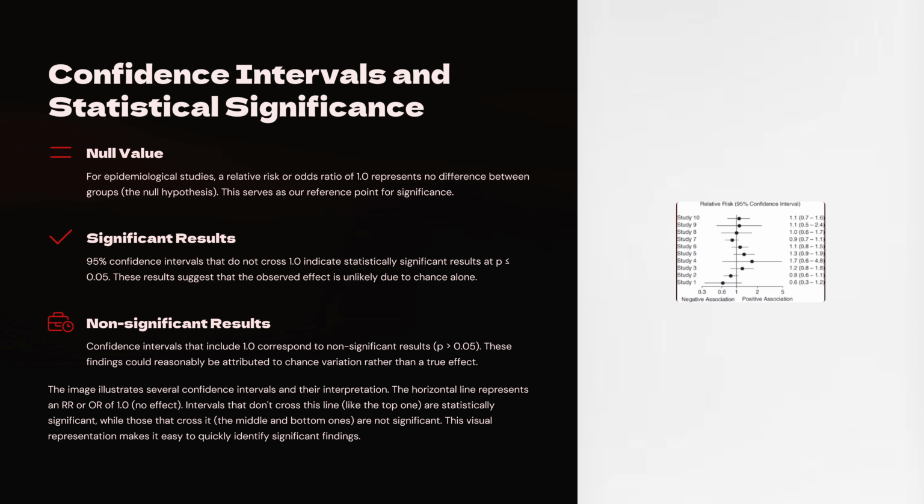When you see a confidence interval that doesn't cross 1 for relative risk or odds ratio, that means it would inherently and always have a p-value less than 0.05. That's just what happens because it doesn't cross 1, so it's statistically significant. However, if the confidence interval crosses 1, you know that the p-value would be greater than 0.05 because it crosses 1. So it would be not statistically significant.